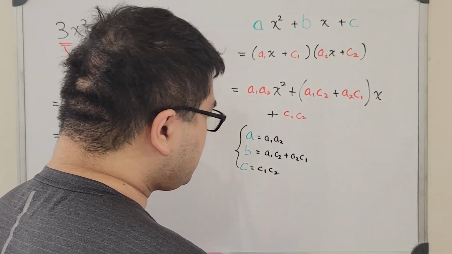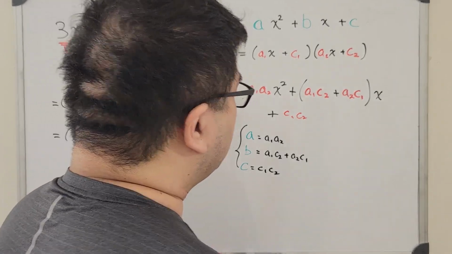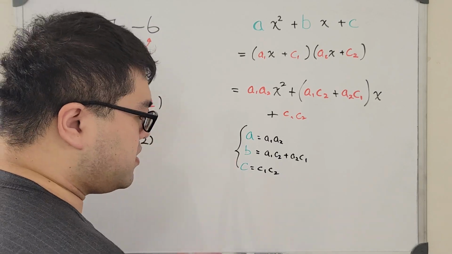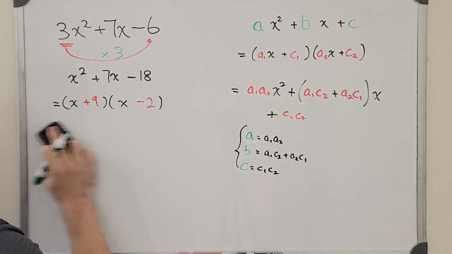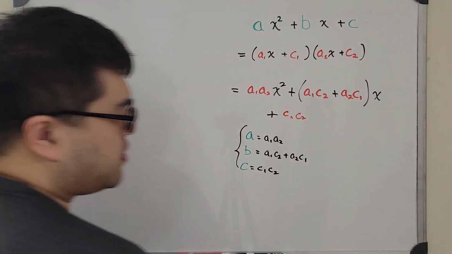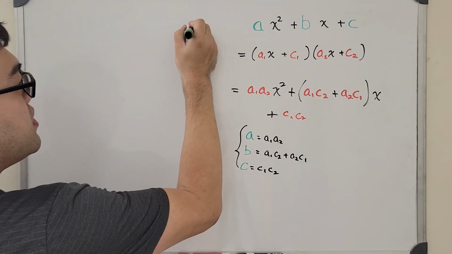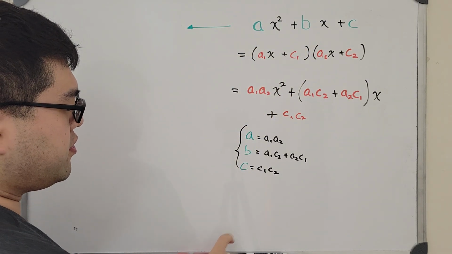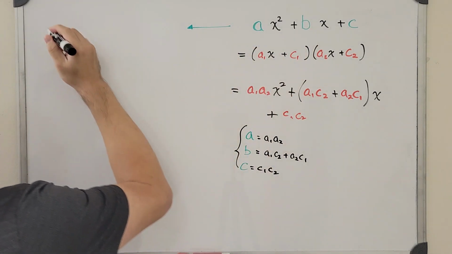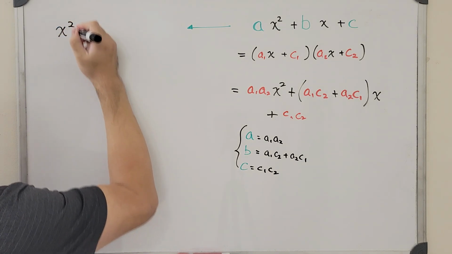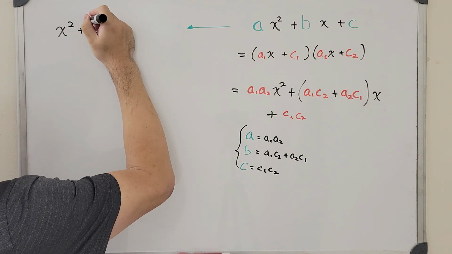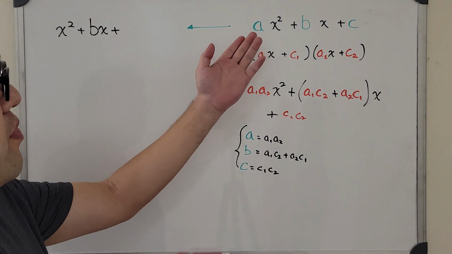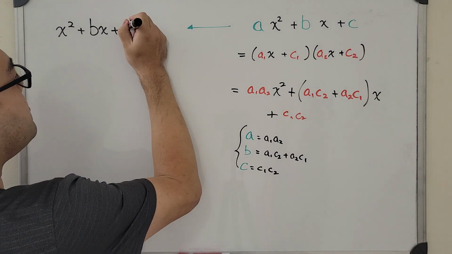So in this case, we can actually see that if we try to use the sliding method, this is what we're going to get. As we use the sliding method, we will turn the original expression on the right hand side into x squared plus bx plus, and now the constant term becomes a times c.